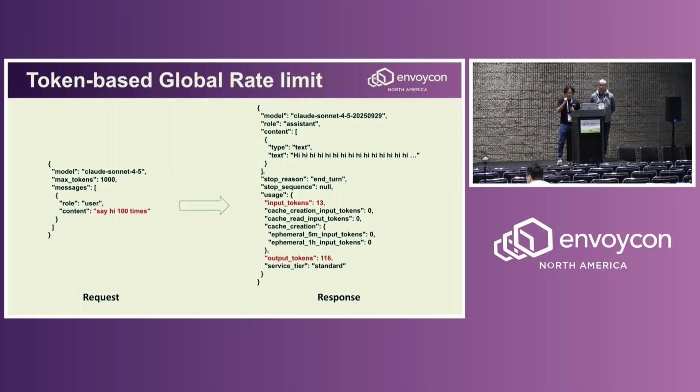But when you slightly change the request body, like say hi 100 times, then input tokens increase, and output tokens are like 10 times larger than the original one. So this is a very simple example of why token usage-based rate limiting is important to do proper rate limit management. So how are we implementing this in the Envoy AI Gateway project?